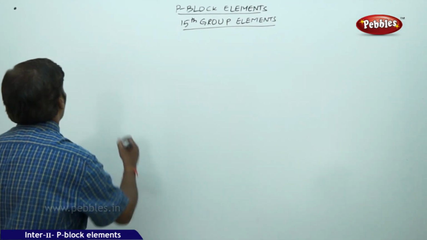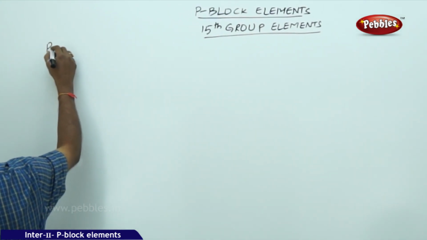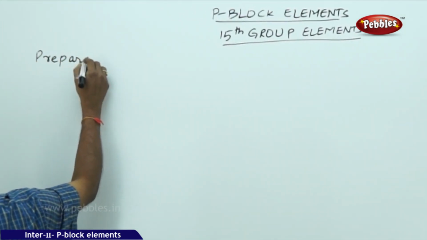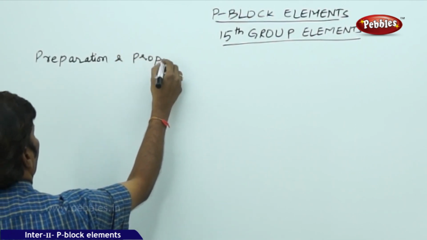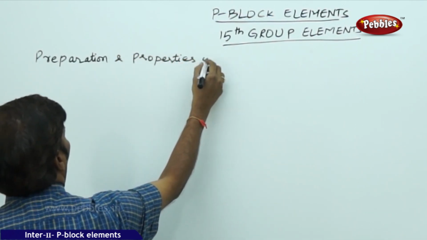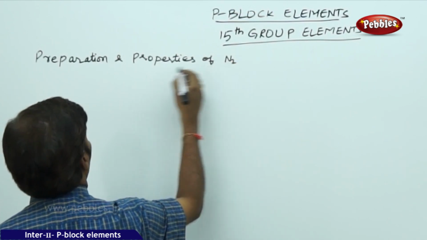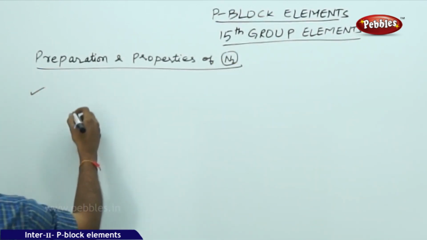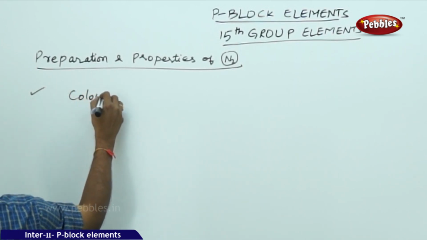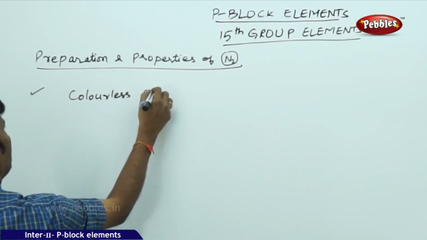So the next part of the discussion here is preparation and properties of nitrogen. Nitrogen is a colorless gas.